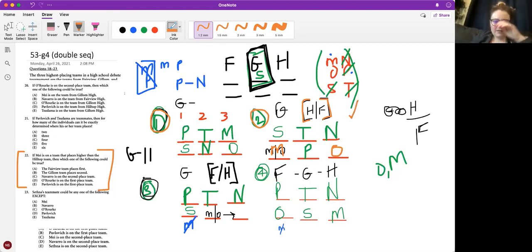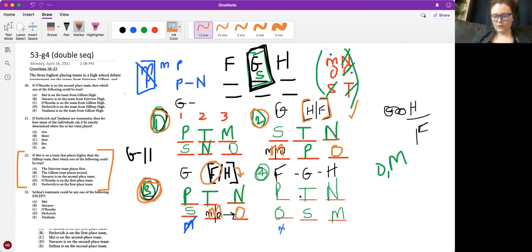And then for 3, if M is to go before H, where must M be? Second. Yep. And then if M is before H, what team is M on then in 3 in this scenario? F. Yep, and then H has to be last.